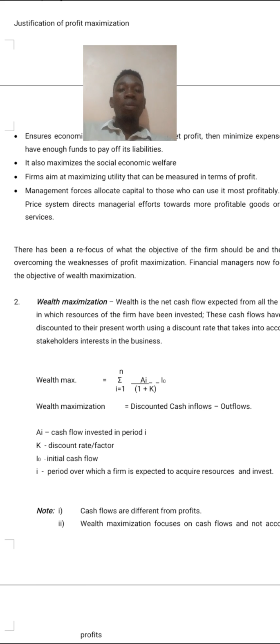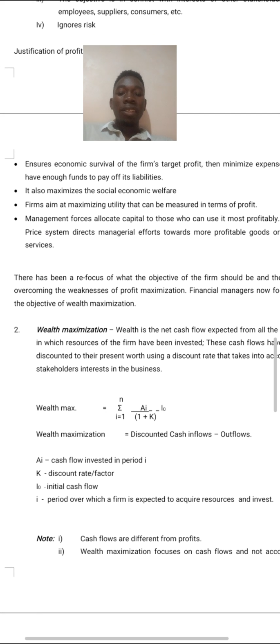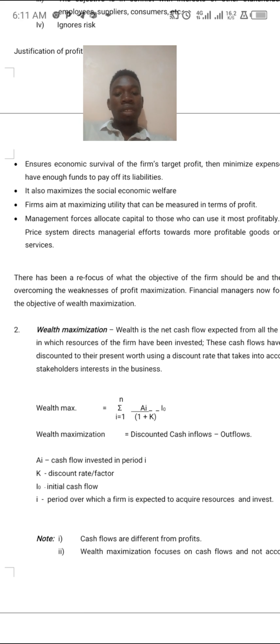So if you commit 50 million to buy a motor vehicle, all the expected money from all the cash flow from that motor vehicle is what we call wealth. All the expected money the vehicle is going to generate is what we call wealth. So wealth refers to the present value of all future net cash flows expected from all assets in which financial resources of a firm have been committed.